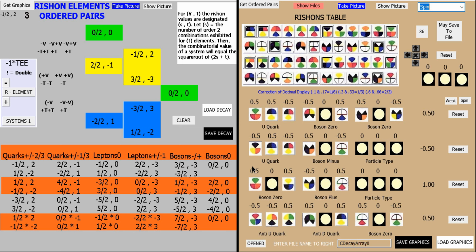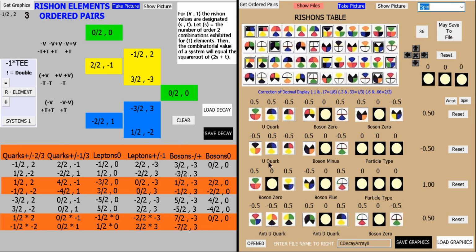Now, if we look at the S quark, then we'll see that in the U quark, there's been an exchange of V rishons, so that now rather than a positive spin, a right spin, we have a left spin.